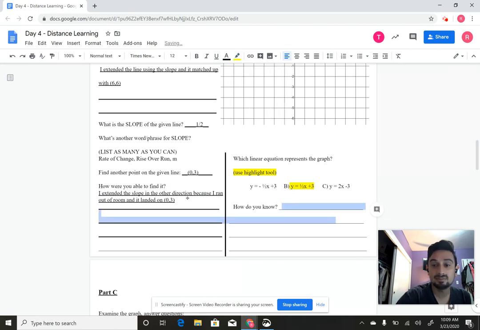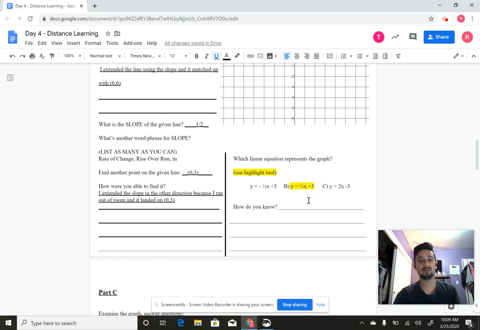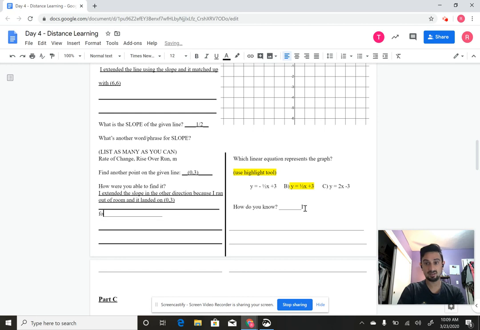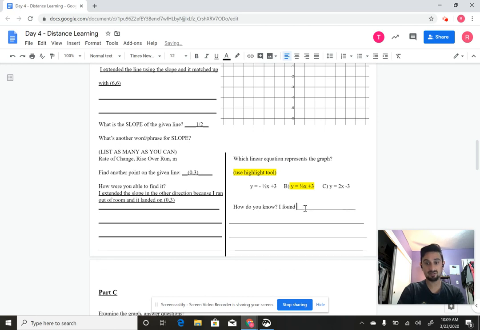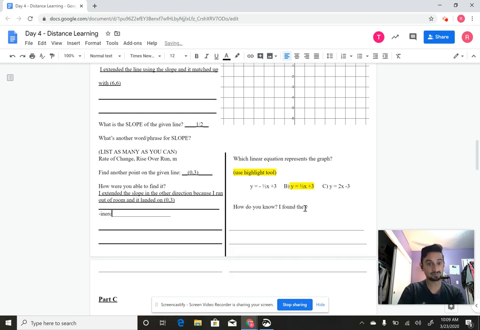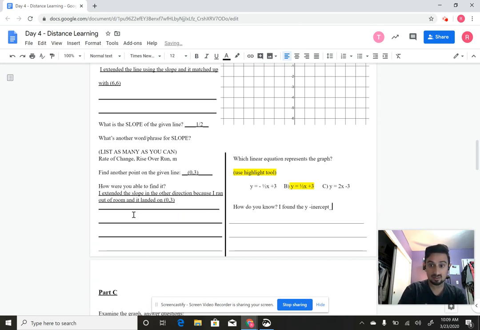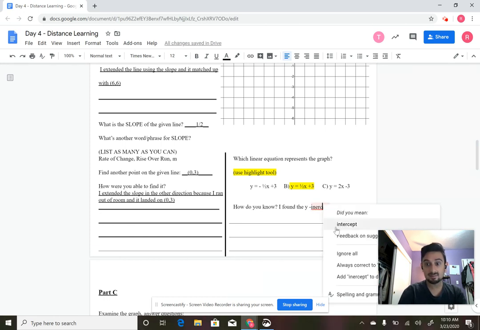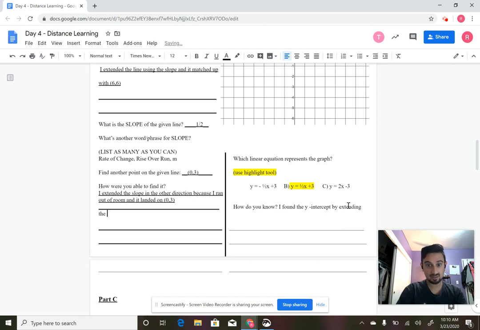And how do I know? It has the correct slope, and it has the correct y-intercept. I found the y-intercept using the slope, by extending the line, and let's make sure that it lines up nicely.